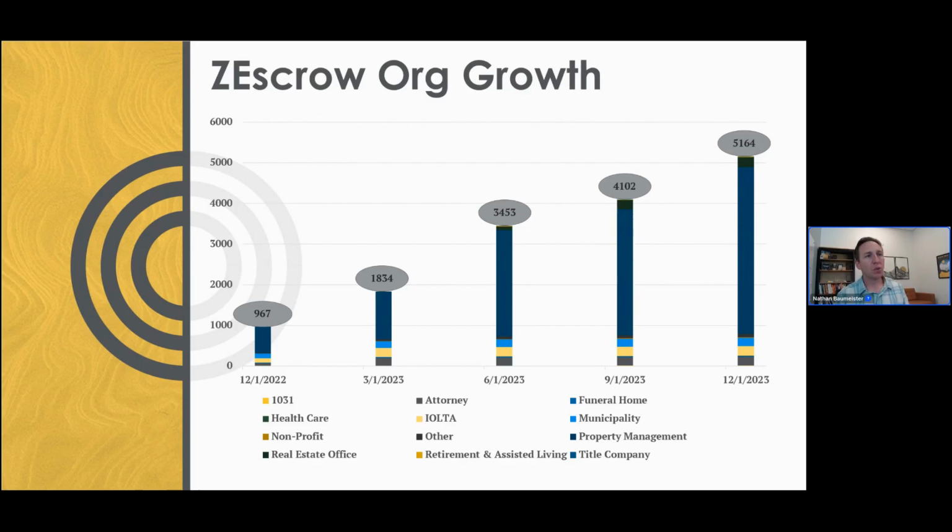You can see the growth that we've seen through the financial institutions, the banks that we partner with, who are offering this product to their commercial customers. You can see all of the different types of commercial entities that are using the platform to manage their escrow accounts and sub-accounts.